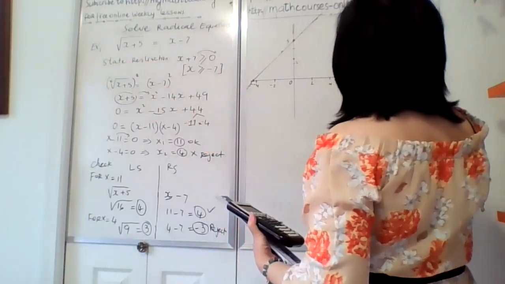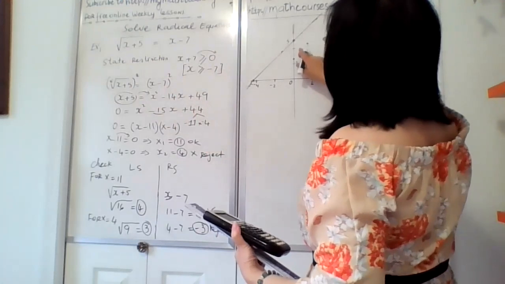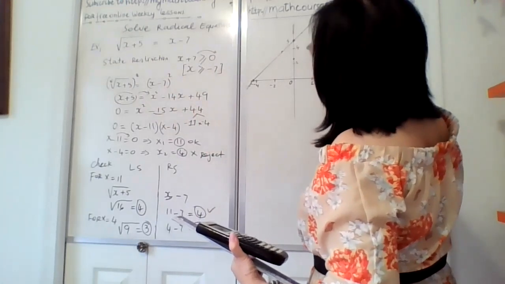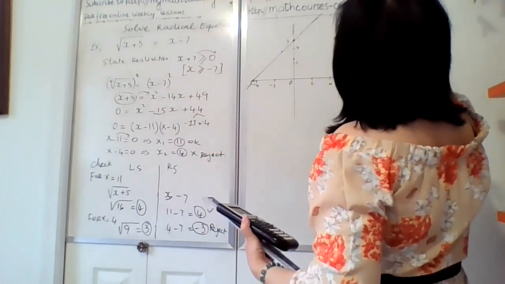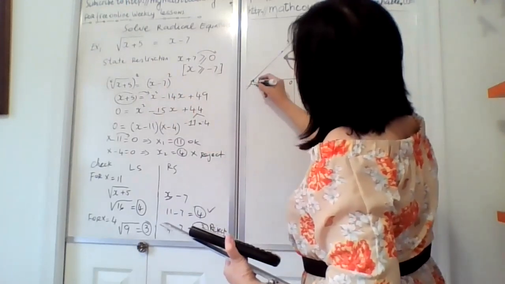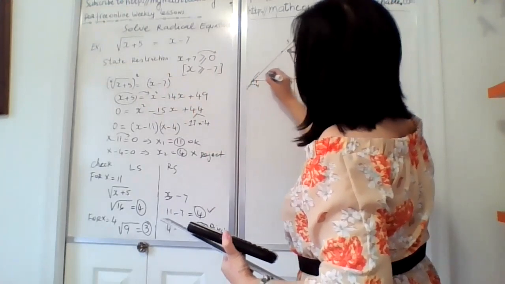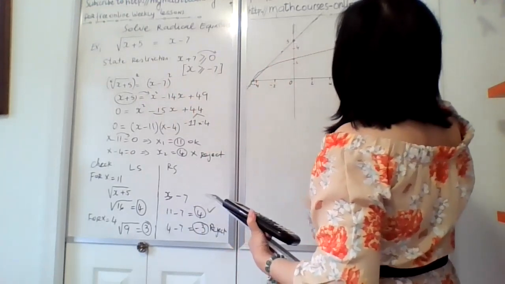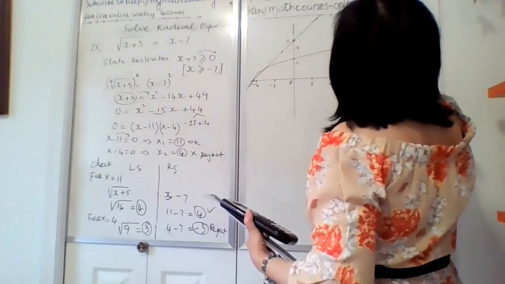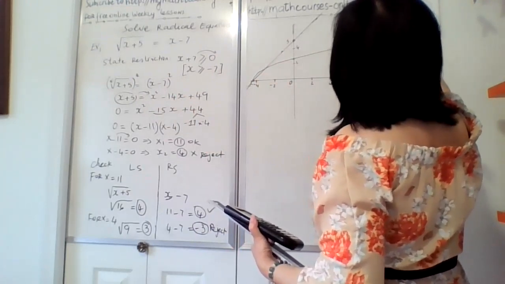So if x is 11, our square root will be 4. So it's somewhere here. So our radical function will look something like this. And this point here is 11 and 4 for y.